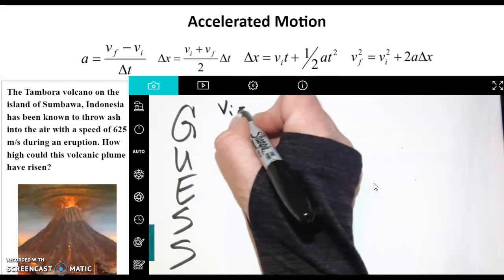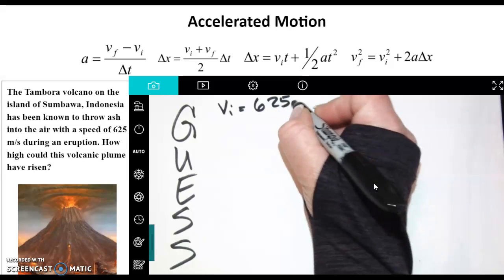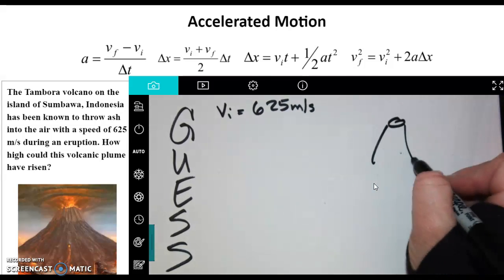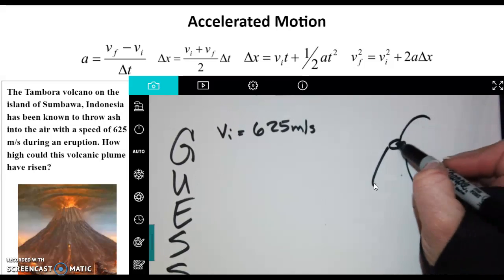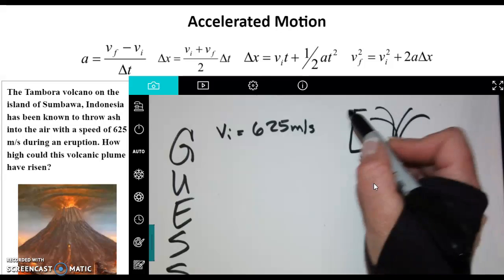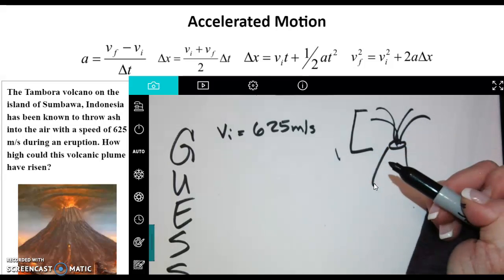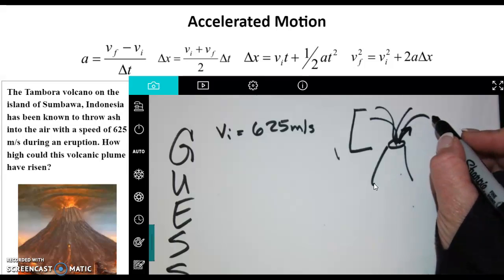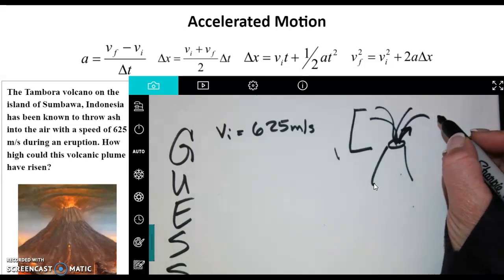So the initial velocity is 625 meters per second. Let's just visualize this. If this is our volcano and it's throwing ash up, the question's really asking how high that plume has risen when it throws the ash out at 625 meters per second.